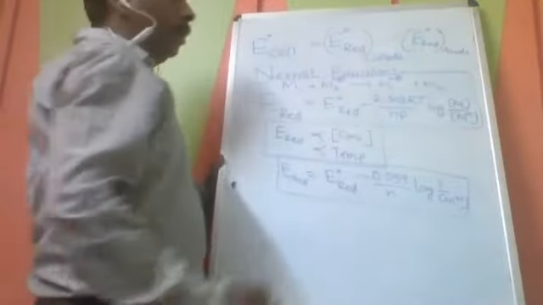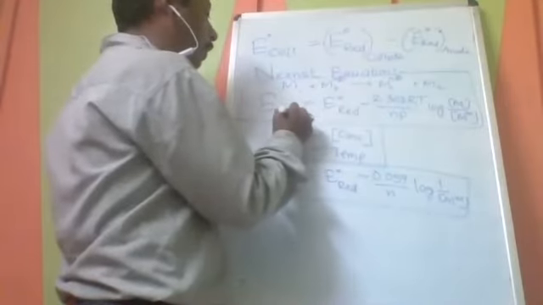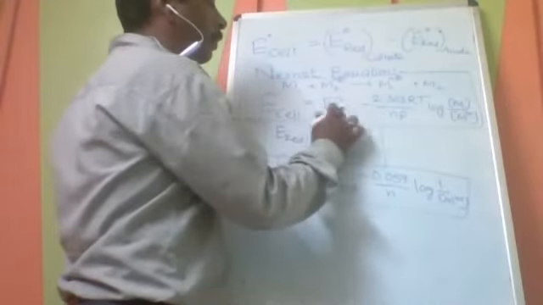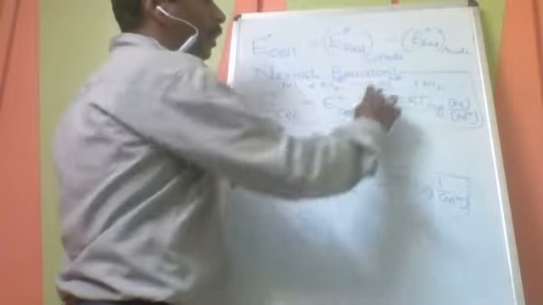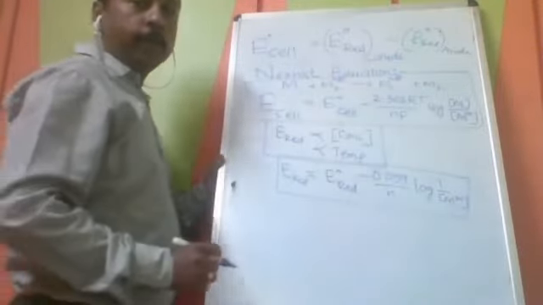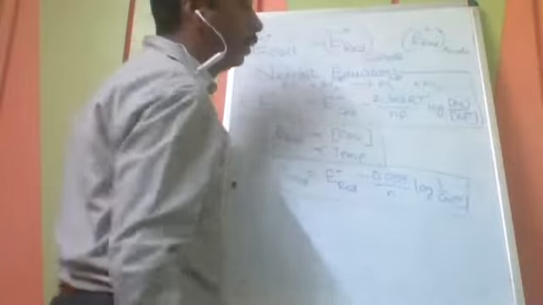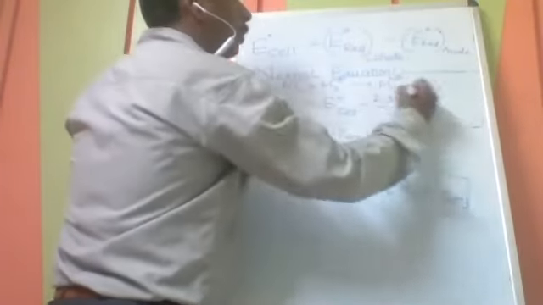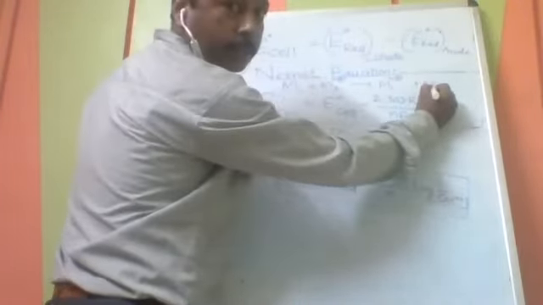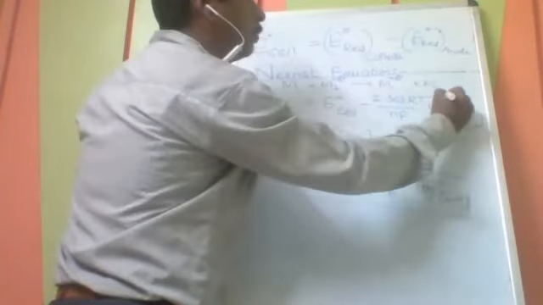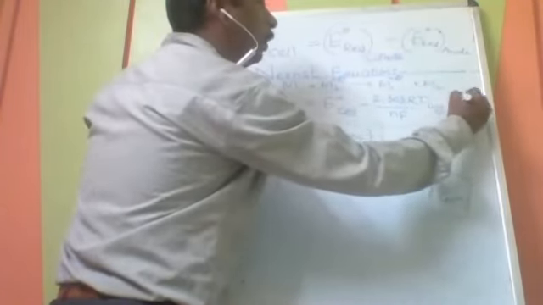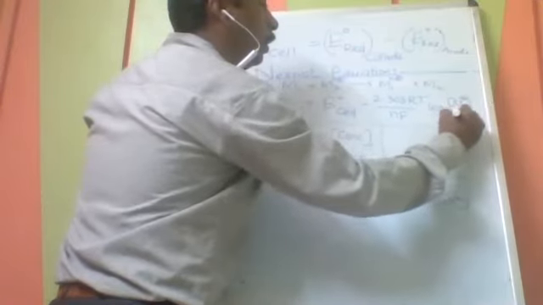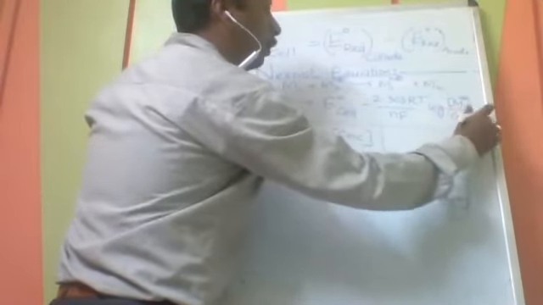Now the reaction: here it will be E cell, E naught cell, with n moles of electrons transferred. As I told you, product upon reactant. Here the product, which is in the solid state, can be neglected, and this has to be written as M1 n positive and M2 n positive.